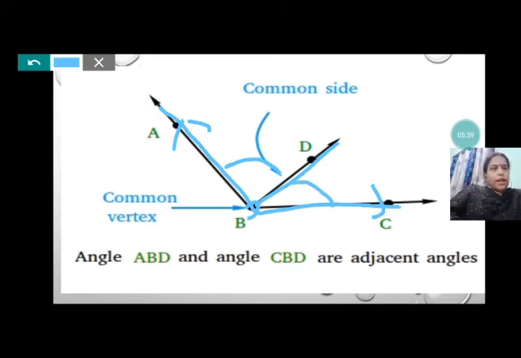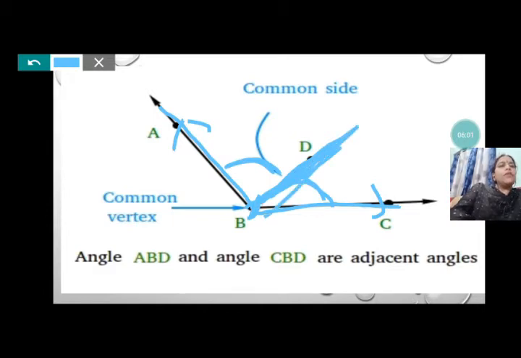Why are they called adjacent? Because they have common vertex B over here. They have common side BD, or common arm BD, and they have opposite arms BC and AB, which lie on the opposite sides of BD. So angle ABD and angle CBD are adjacent angles.